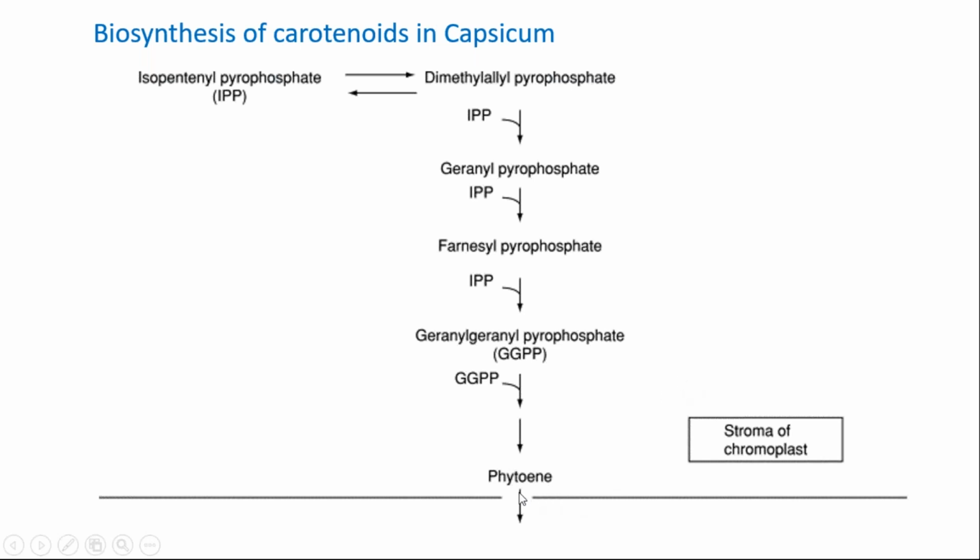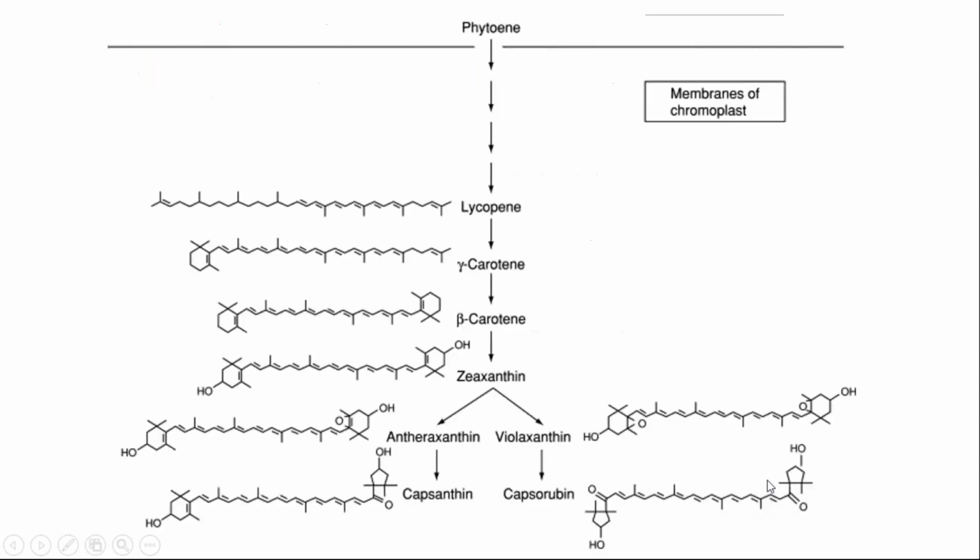After phytoene, which is the common precursor, the other molecules are formed. Phytoene gets converted to lycopene, lycopene to gamma carotene, then to beta carotene, and zeaxanthin. From zeaxanthin you can get either capsanthin, or violaxanthin and capsorubin. The path taken depends on the availability of the precursor molecule.